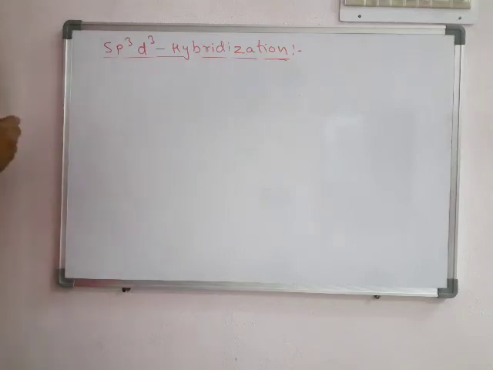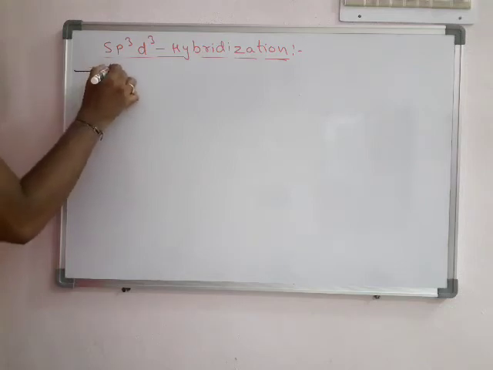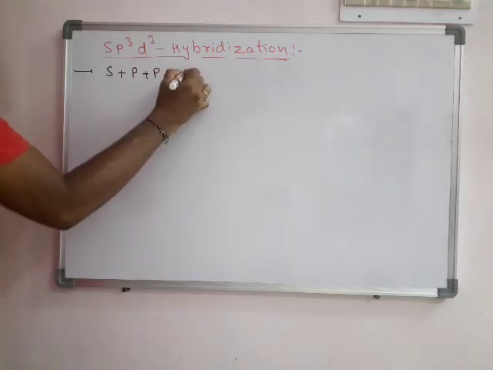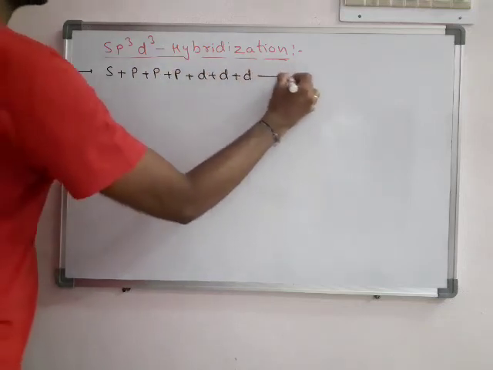We can understand that easily now. It indicates the intermixing of 1 s orbital, 3 p orbitals and 3 d orbitals.